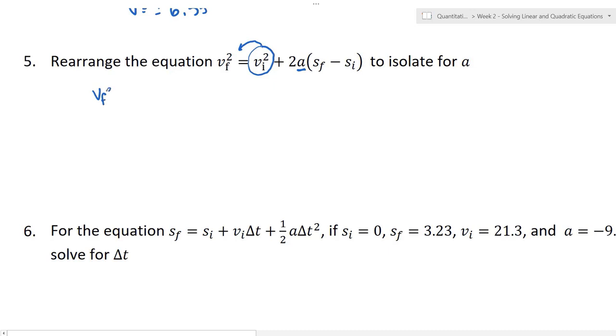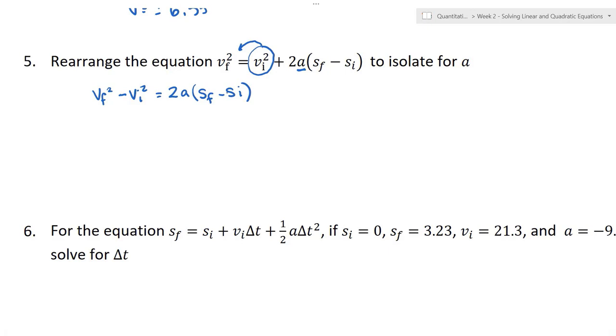So we have v final squared minus v initial squared equals 2a (s final minus s initial). Okay, now we need to get rid of the 2 and the s final minus s initial. The 2 and the s final minus s initial are both being multiplied by a.